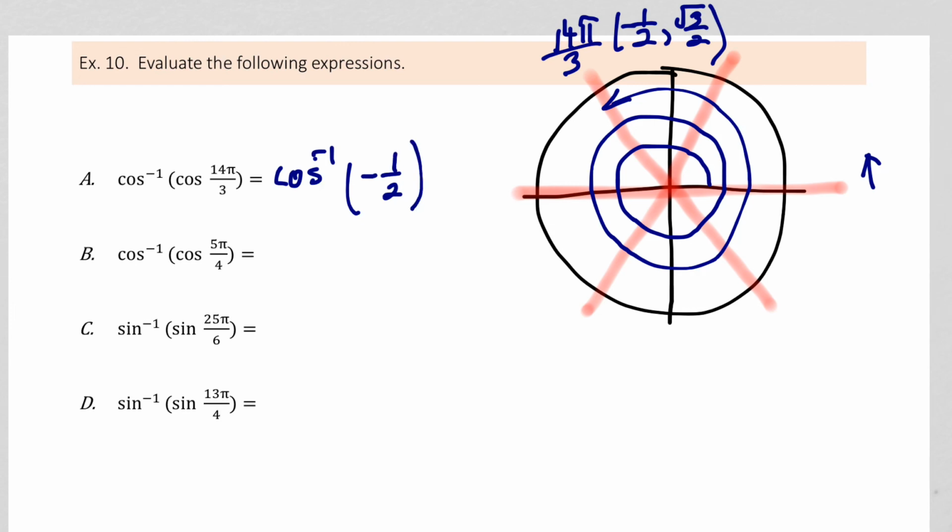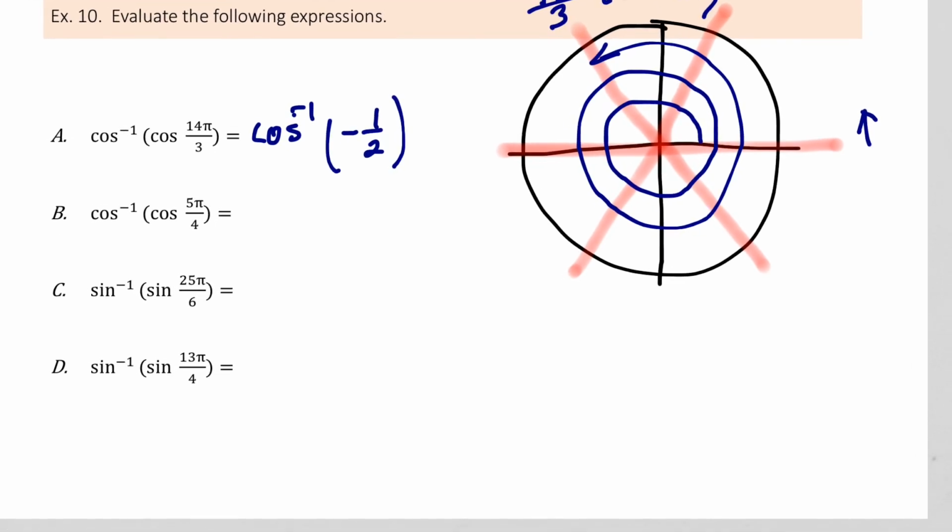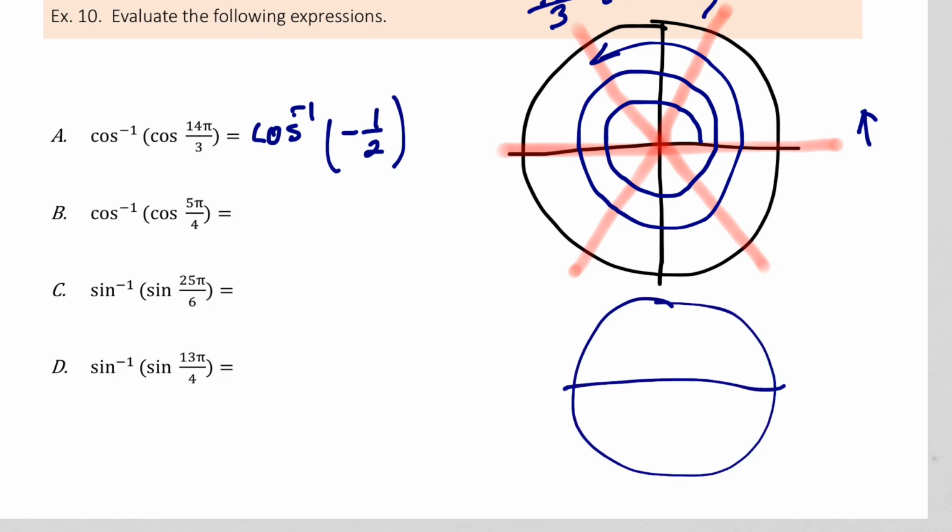So now let's look at the range of values for inverse cosine. For inverse cosine, you can be anywhere between 0 and pi, but you can't use these angles down here. So the inverse cosine is defined between 0 and pi for our range.